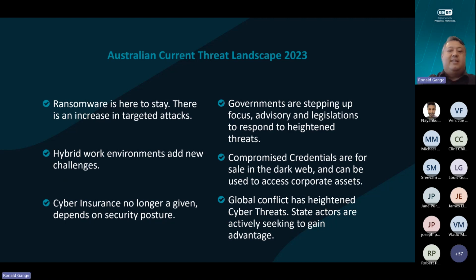So this is not going to go away, especially since COVID has changed the nature of work. Hybrid work environments have added new challenges. And nowadays, you can't just say, I'm protected by a next-gen firewall, so I'm safe from those kinds of threats.